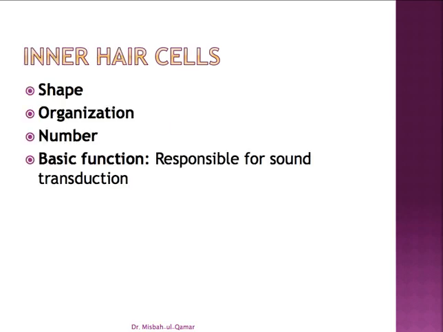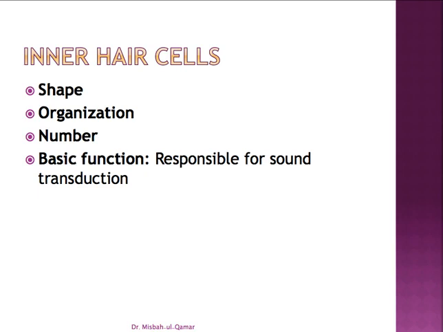Now, looking at the inner hair cells, they are flask shaped in such a way that they are broader than the outer hair cells, and these inner hair cells are arranged in a single row, and each hair cell has about 100 stereocilia. Among these stereocilia, one cilium is larger, and that larger one is called the kinocilium.